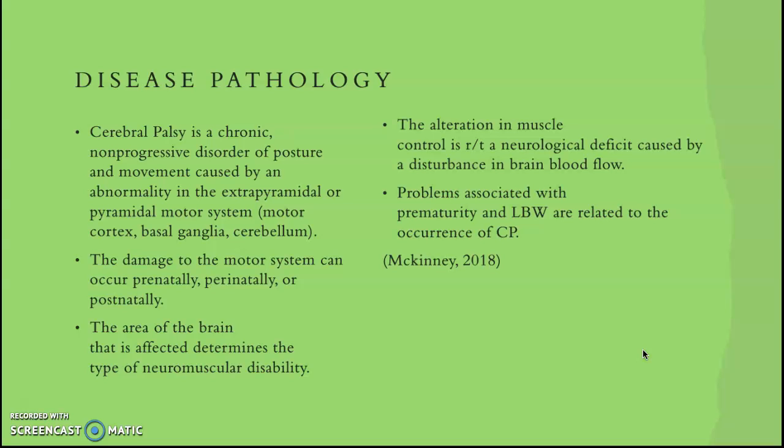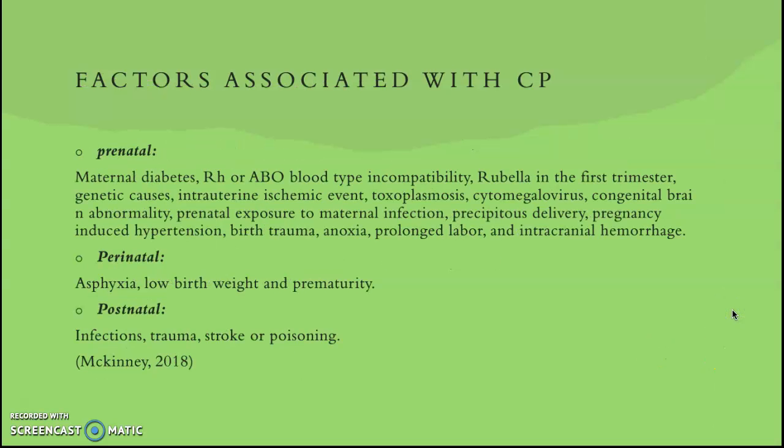The alteration in muscle control is related to a neurological deficit caused by a disturbance in brain blood flow. Problems associated with prematurity and low birth weight are related to the occurrence of CP.